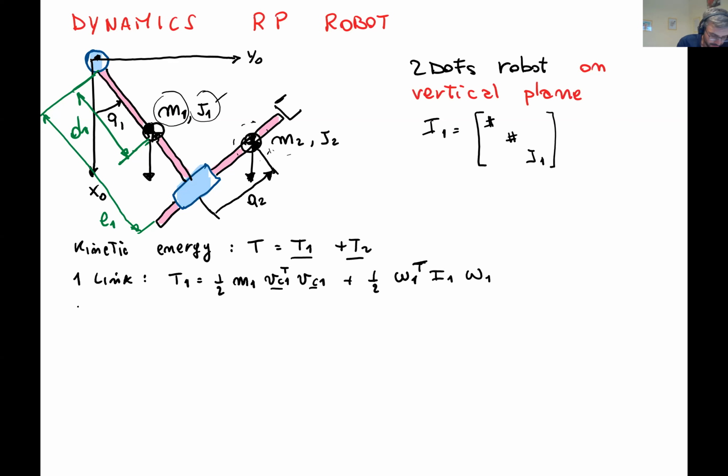To compute the velocity of the center of mass of link 1, we need the position of the center of mass of link 1, and we see that we have d1, which is the distance from the center of mass to the joint axis, and we need to multiply by the cosine of q1 for the x component.